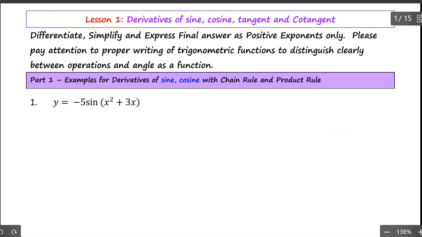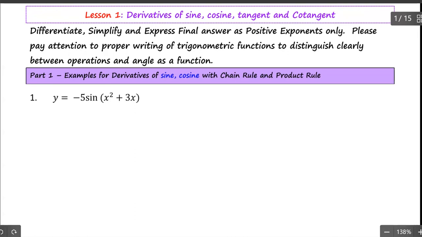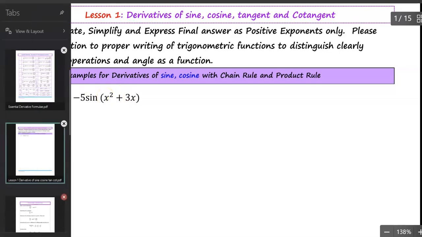For this particular example, before you start anything, I would like you to analyze your function a bit. So you have y equal to negative 5 times sine of a function, right? You are going to realize that u is x squared plus 3x in this case. Then you go to your formula sheet.